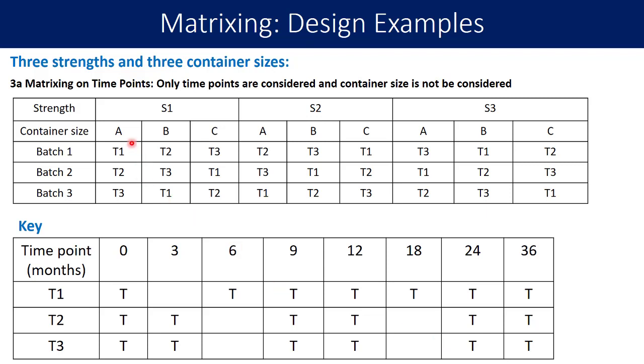Essentially, these keys T1, T2 are going to provide me the number of time points for a strength, for a container, and for different batches.